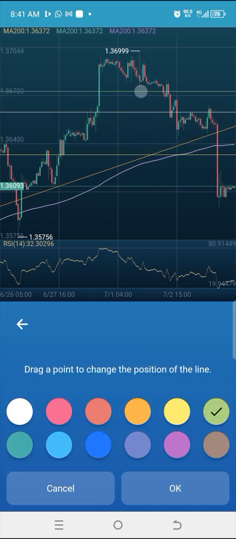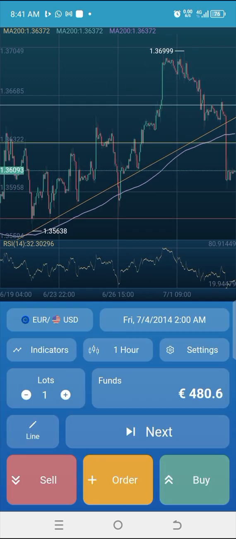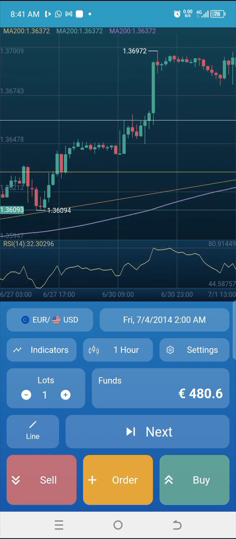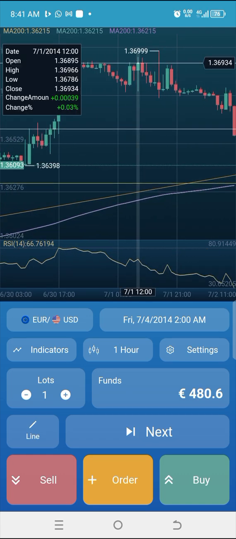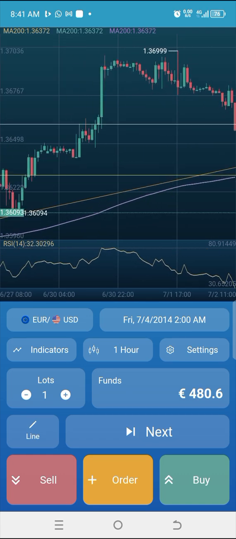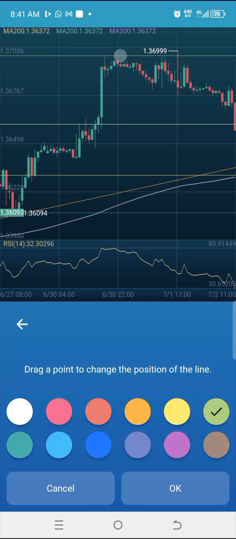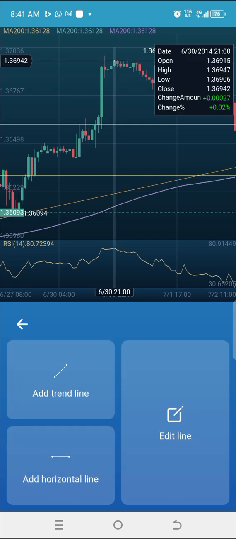Let's see if it's a divergence or overbought area. According to what I see, this is the highest point. Price came like this, and slowly hit up. Let's see. It actually didn't. This is the highest point actually. It's 80.